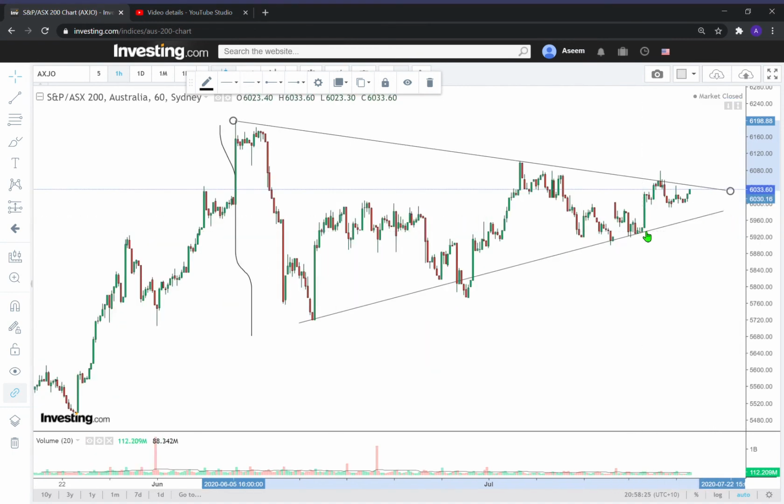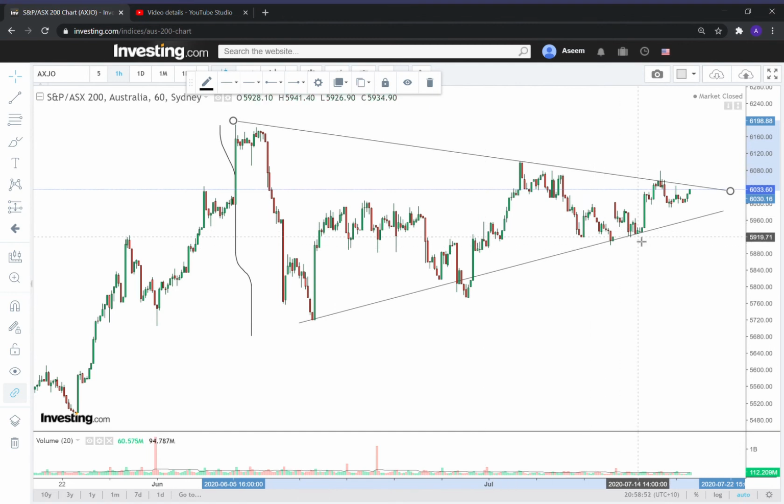Now the question is, how do we trade this, and do we have any targets based on this chart pattern? So how we calculate the targets from a symmetrical triangle is we see this breakout line wherever we break.